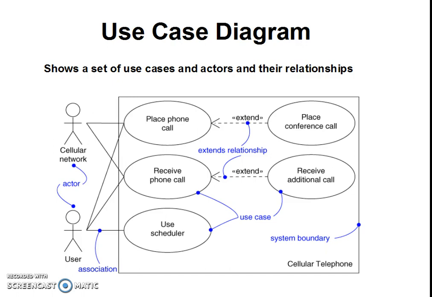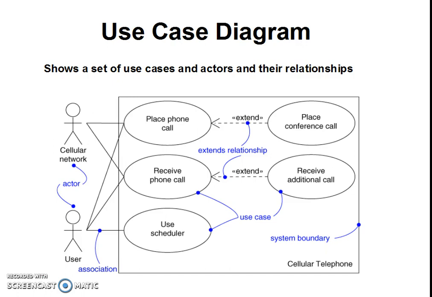You can see there are other use cases also, place conference call and receive additional call. These are not primary use cases. It means they are extended use cases. When I place a phone call, this functionality can be extended by the place conference call use case. It is the optional case.